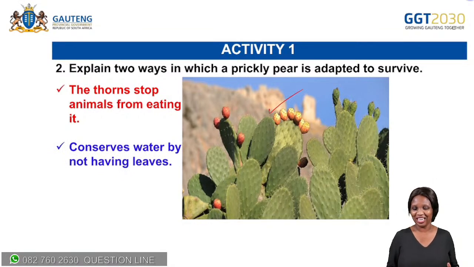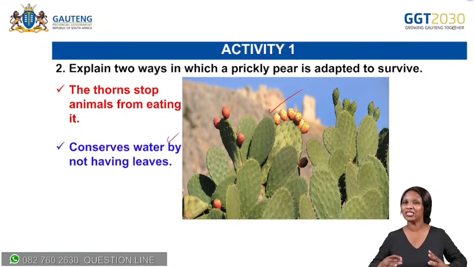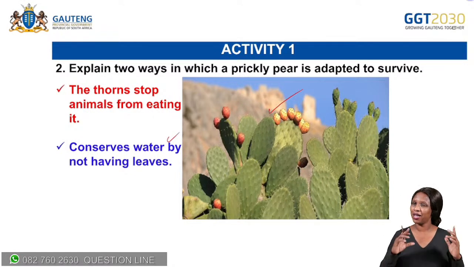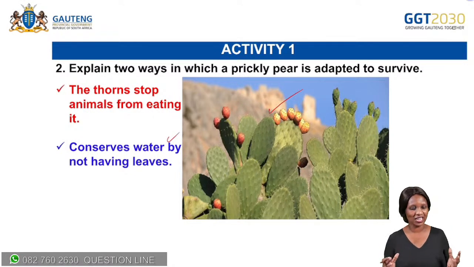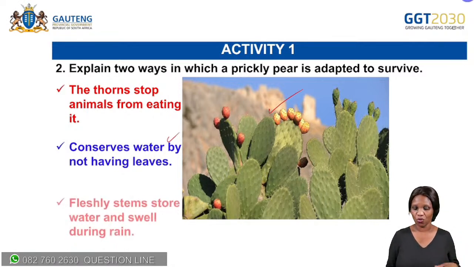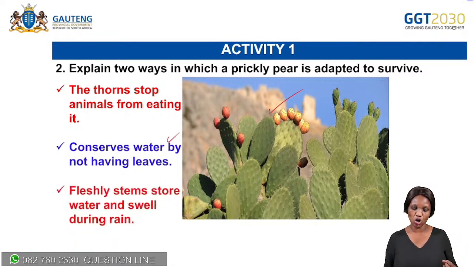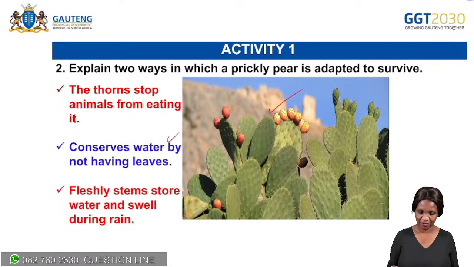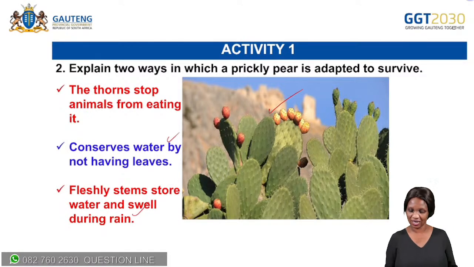And then let's look at the other point. The prickly pear conserves water by not having what? By not having leaves. And then it also swells when there is what? A lot of rain. The fleshy stems store water and swell during the rain.